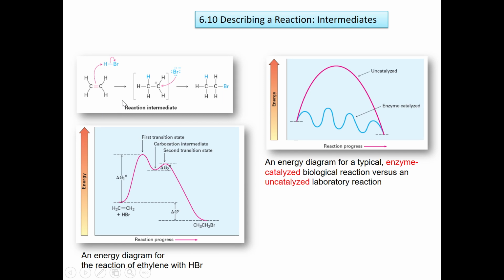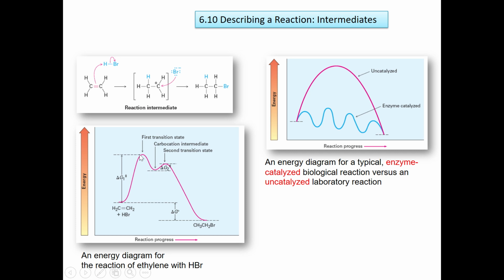If we do this reaction, we start with the double bond attacking the hydrogen, we increase the energy, and we arrive at a transition state. That is when we are forming the carbon-hydrogen bond and we are breaking the hydrogen-bromide bond at the same time. And then, when this happens, we generate the intermediate, that is a carbocation, that is a minimum of energy.